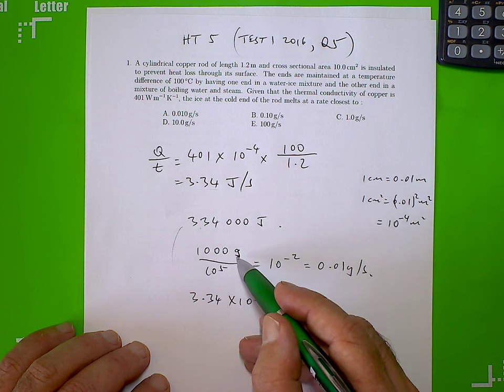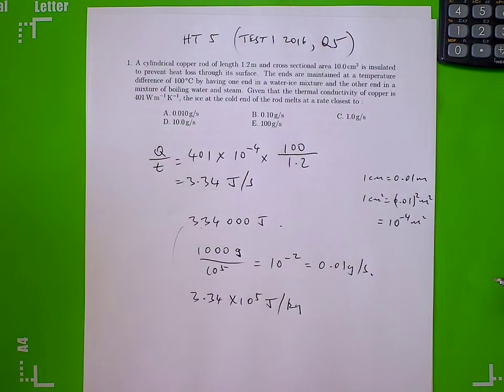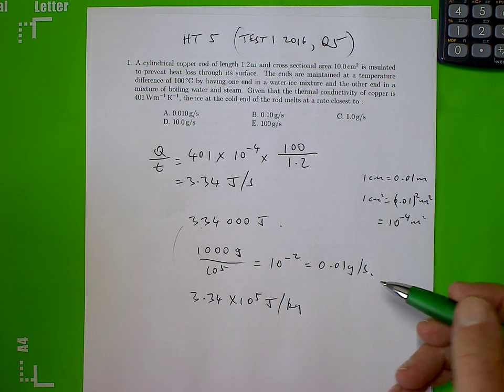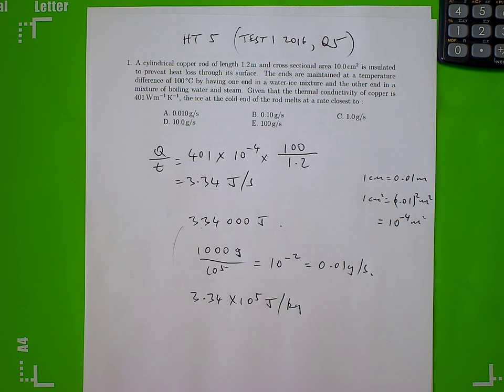I've got 1,000 grams in kilos. I get 0.01 grams per second. I've got it wrong. Why have I got it wrong?